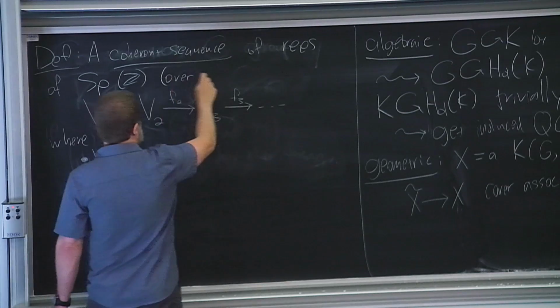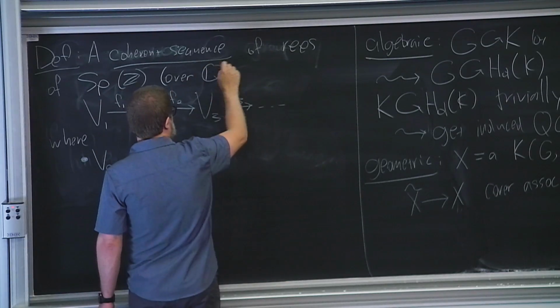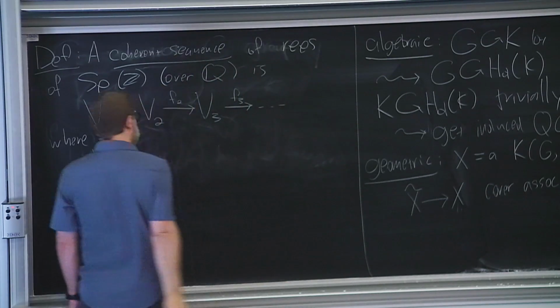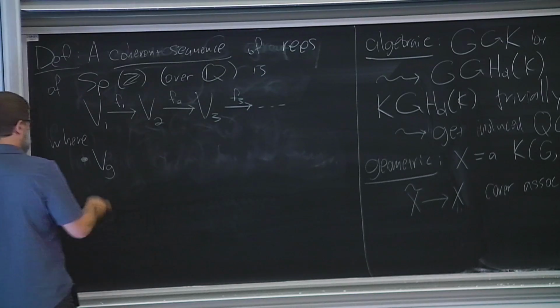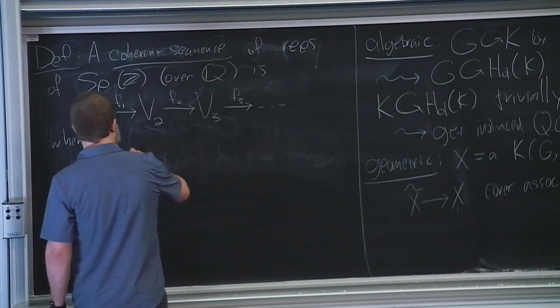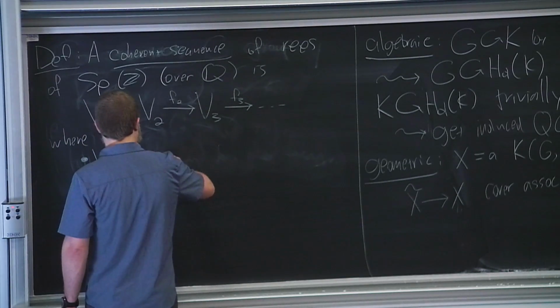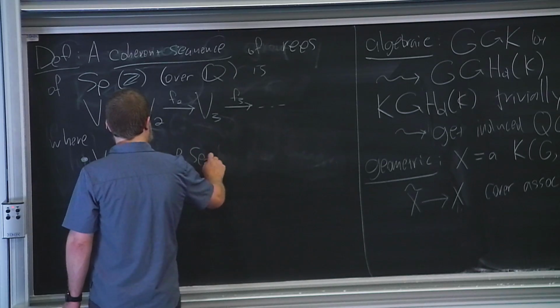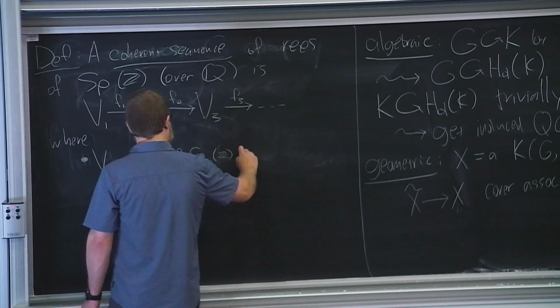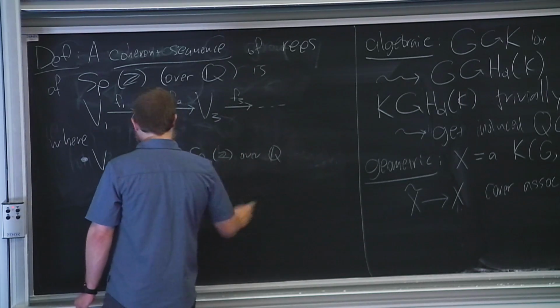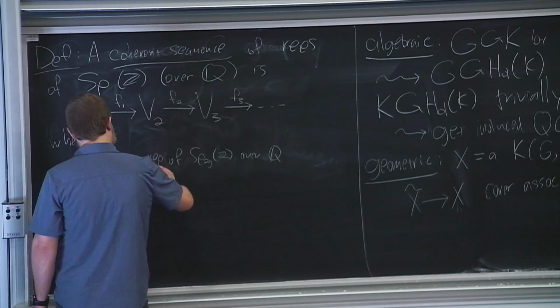I could replace this with any field of characteristic 0, but let's say it's over Q. V sub g is a rep of Sp2g(Z) over Q, not necessarily finite dimensional.